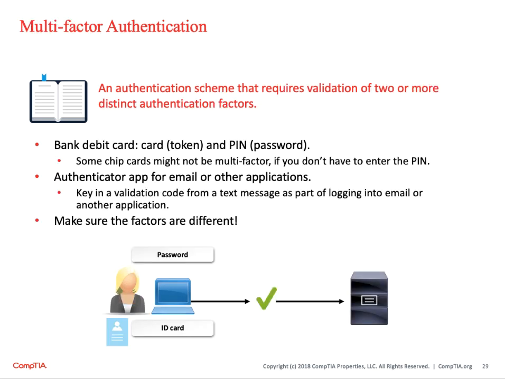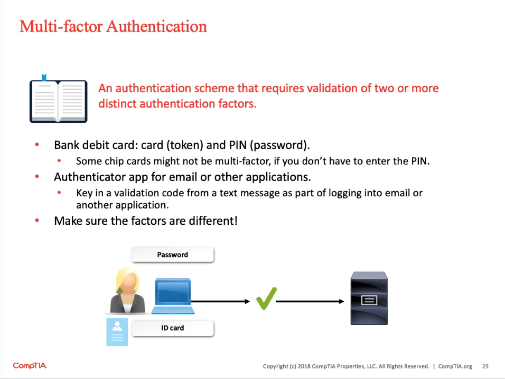Next up, multi-factor authentication scheme. This is an authentication scheme that requires validation of two or more distinct authentication factors. I need you guys to remember that multi-factor has two or more distinct authentication factors. So your username and password, followed by entering in the name of your best friend on the security question, or your favorite food or favorite movie, book, whatever.